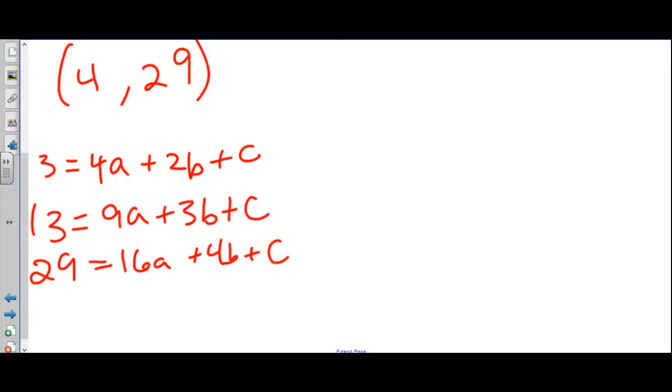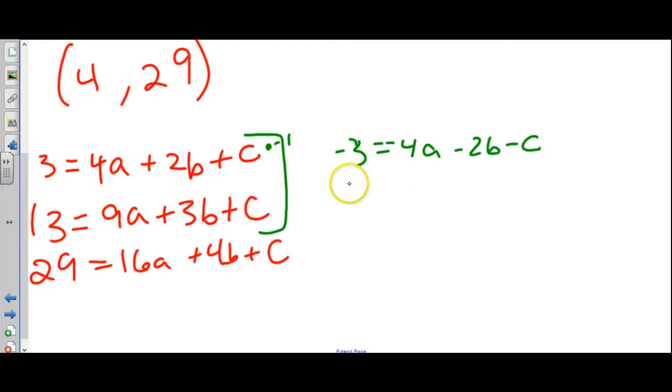So I'm going to take the first 2 equations, and I'm going to multiply one of the equations by a number that would allow me to cancel some things out. So since our c's only have a 1 in front of them, I'm going to multiply this top equation by a negative 1, which would give me negative 3 equals negative 4a minus 2b minus c. The second equation I'm going to leave the same.